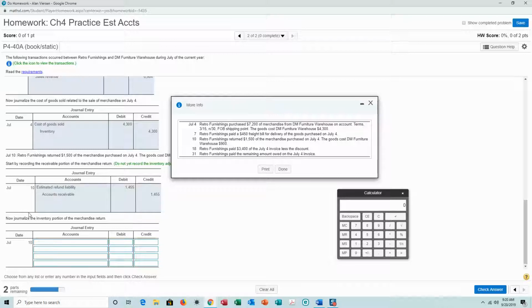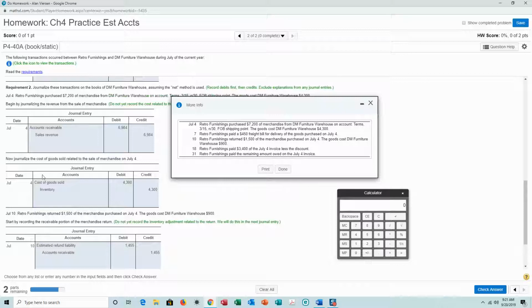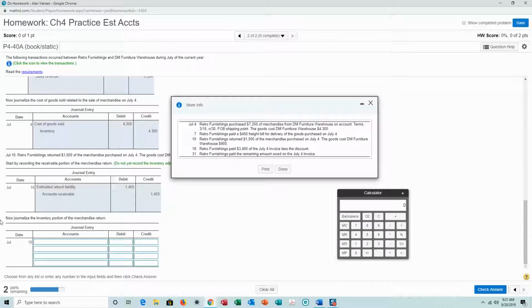The next journal entry is the inventory portion of the merchandise return. Just as we had two journal entries when we made a sale, we have two journal entries for the return. The first one was the sales part of it, and that's where the estimated refund liability comes in. The second one has to do with the cost of goods sold, where we're going to debit inventory because we have more inventory.